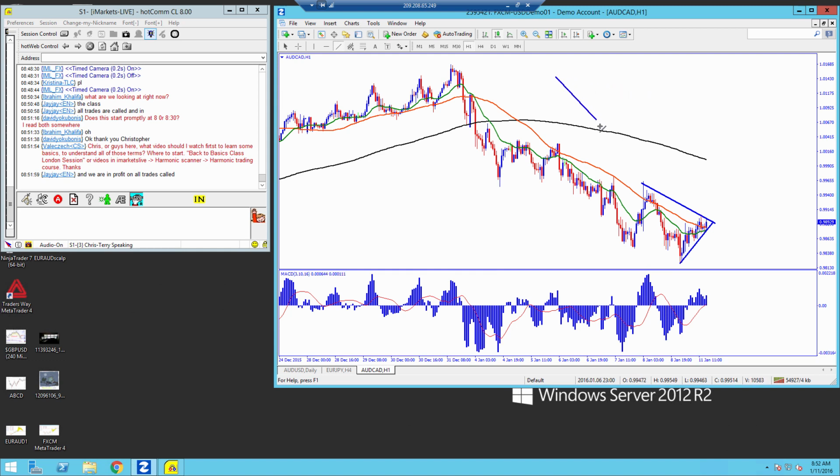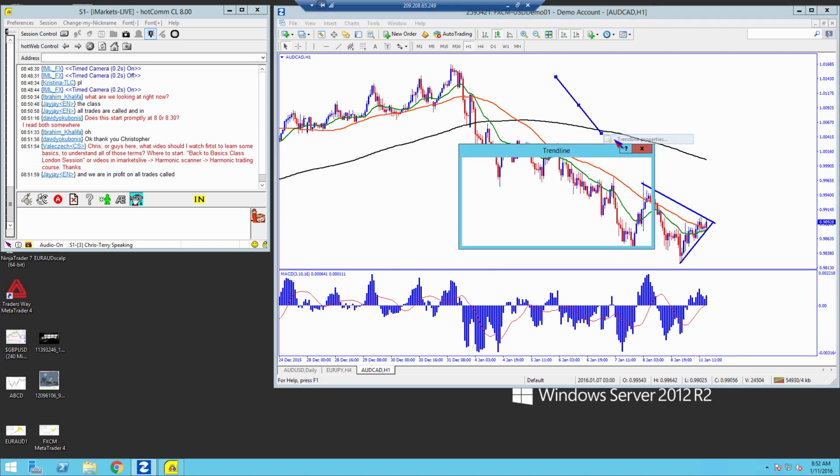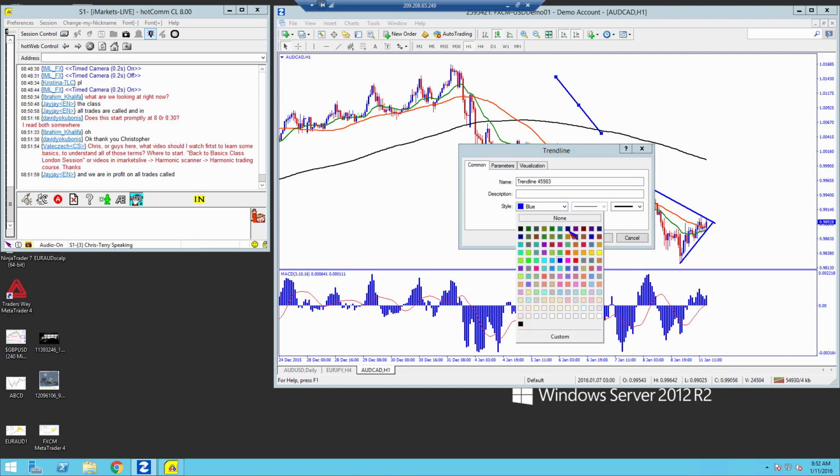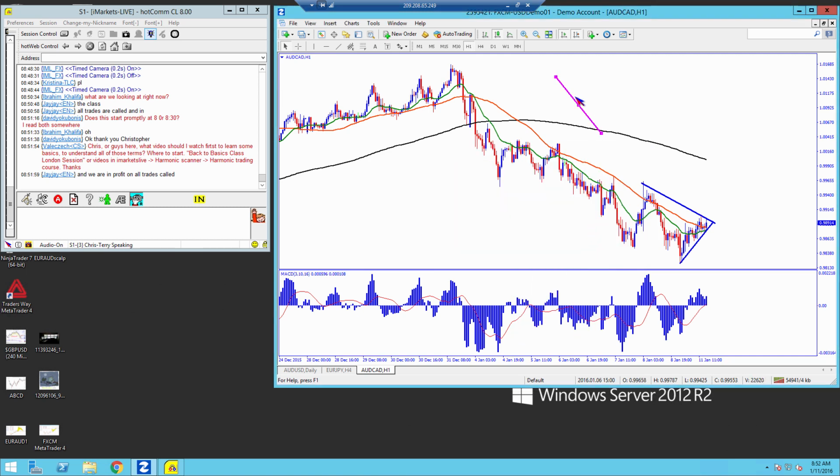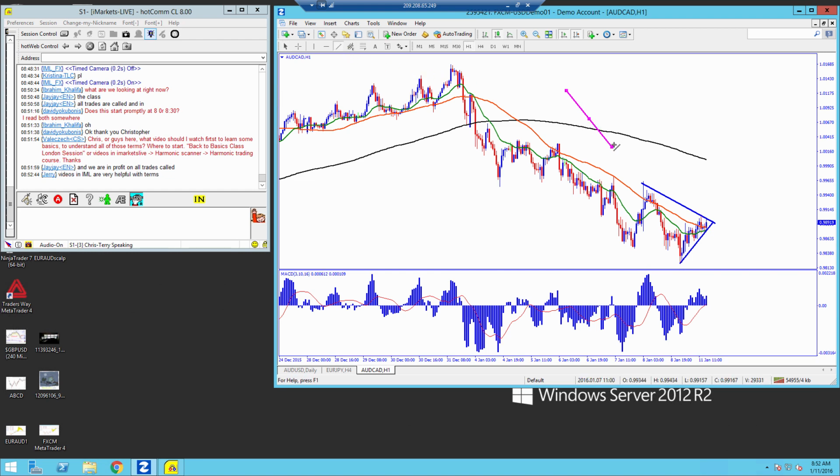So let's just take a market that goes down, and we're going to draw it in pink. We'll do something like that. One, you got this, then you got this.